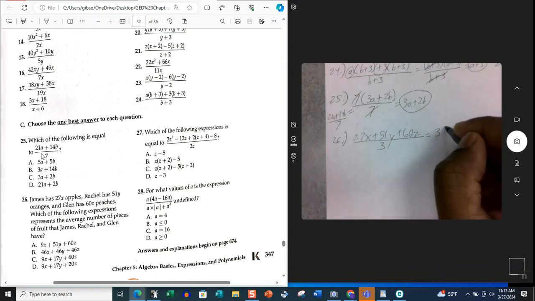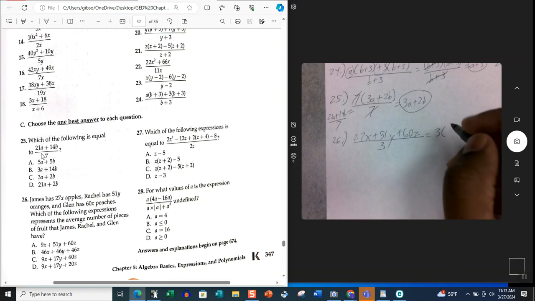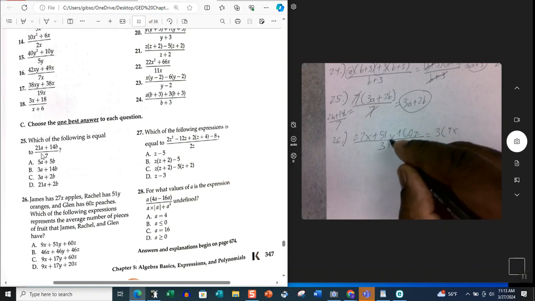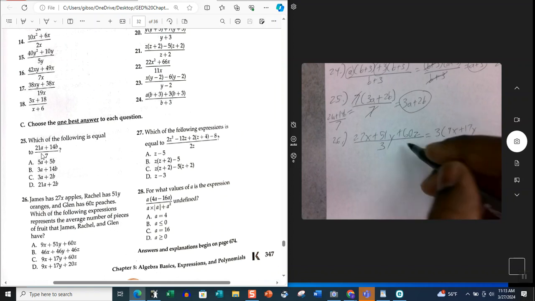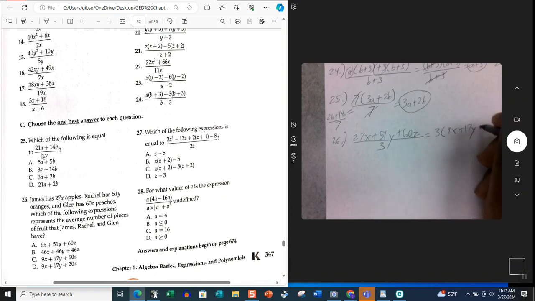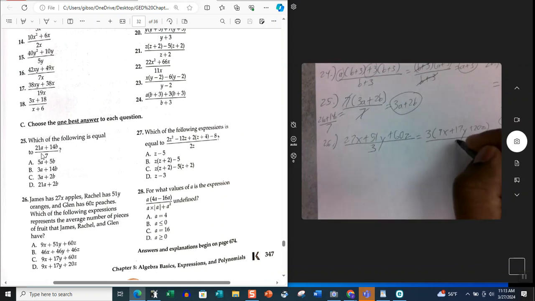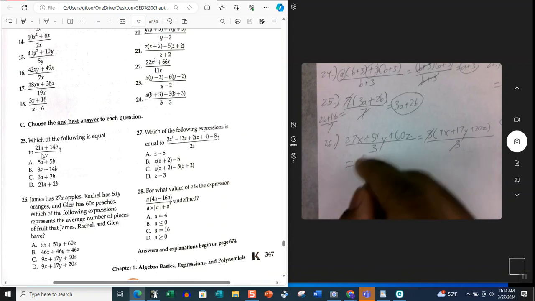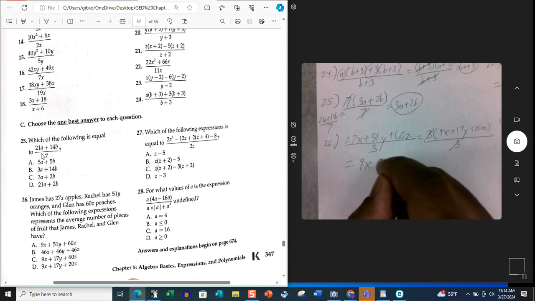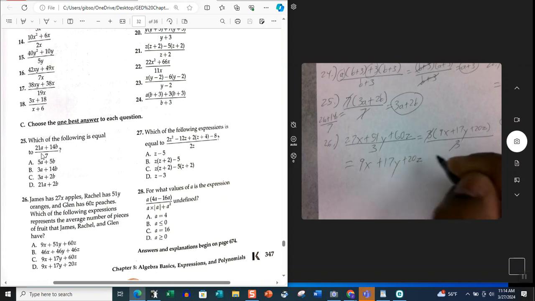So we can factor out a 3. 27 becomes 9x, 51 becomes 17y, and 60 becomes 20z, all over 3. These 3's will simplify out, so your final answer is 9x plus 17y plus 20z.